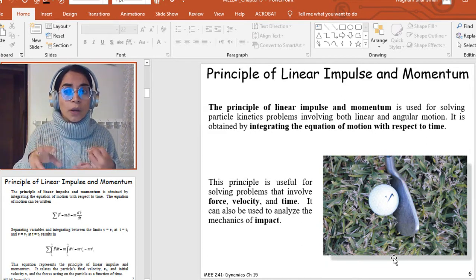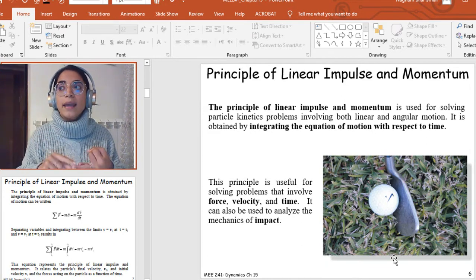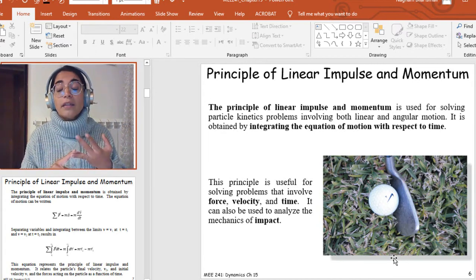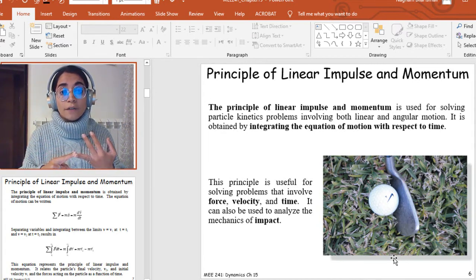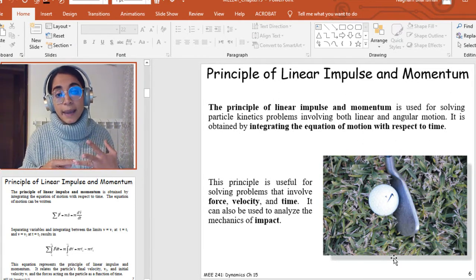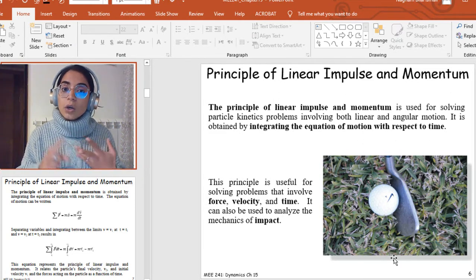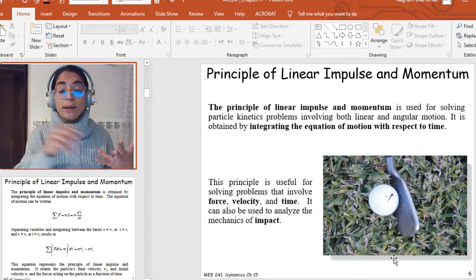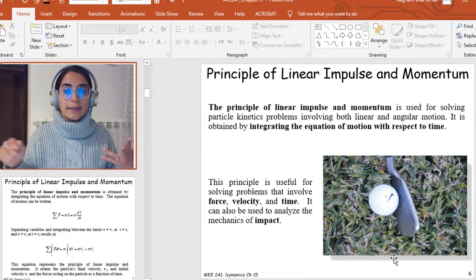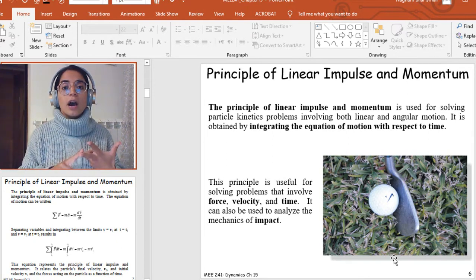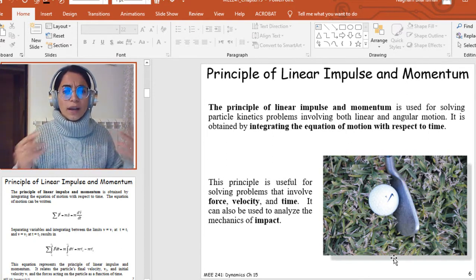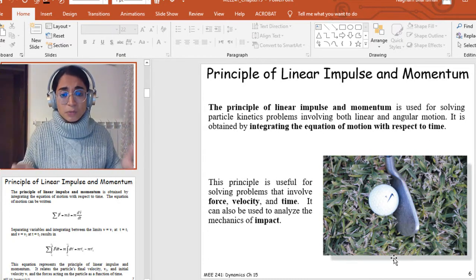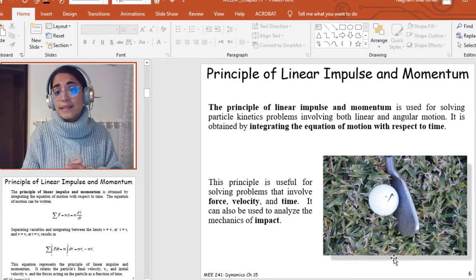And then we went through kinetics by drawing the free body diagram and applying Newton's second law, sum of F is equal to ma. And then we explained the principle of work and energy, as well as the potential energy and the conservation of mechanical energy if the forces are all conservative. So why do I need another principle, which is here the principle of linear impulse and momentum?